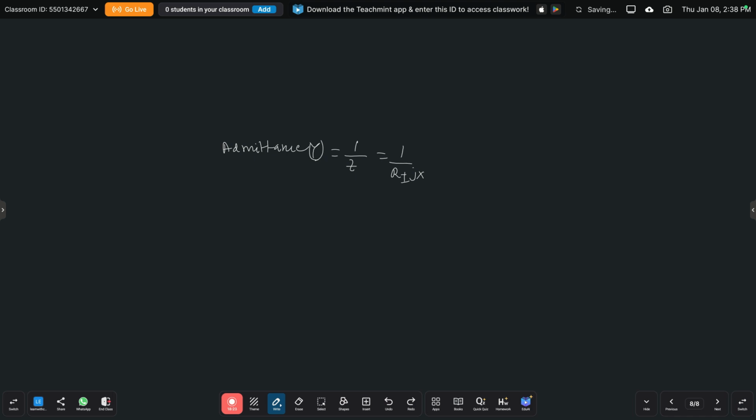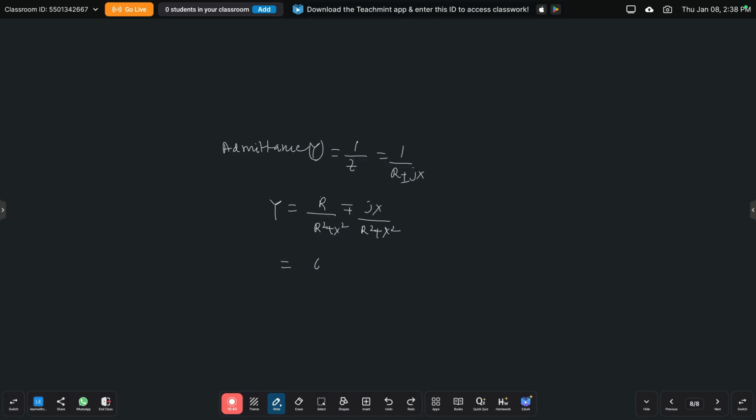Right. So suppose if I want the magnitude, it is R by R square plus X square minus or plus jX by R square plus X square.